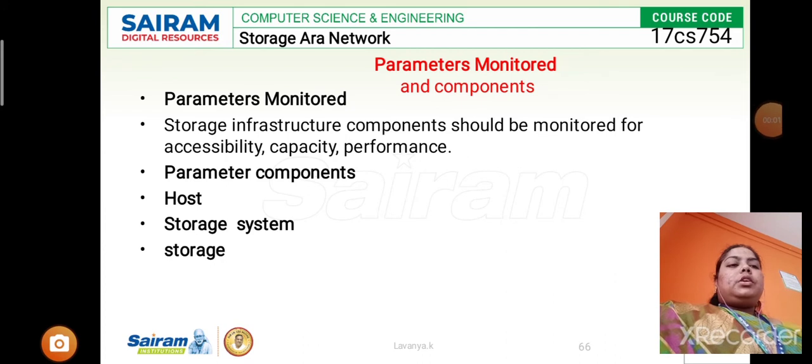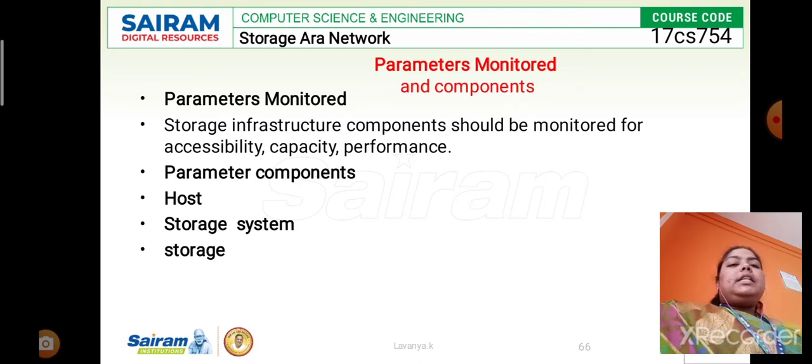Good morning students. Today I am going to explain the parameter monitoring and components of the storage infrastructure, or it may be a storage array. How are we going to secure the information by using these parameters and components in the cloud environment?